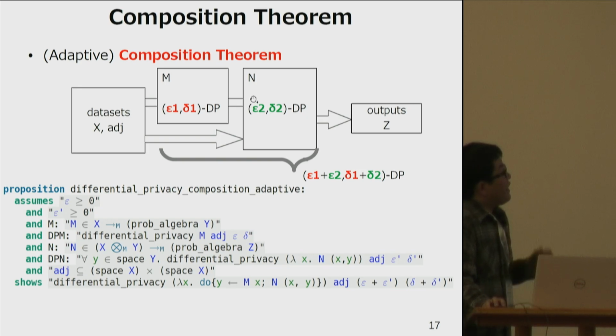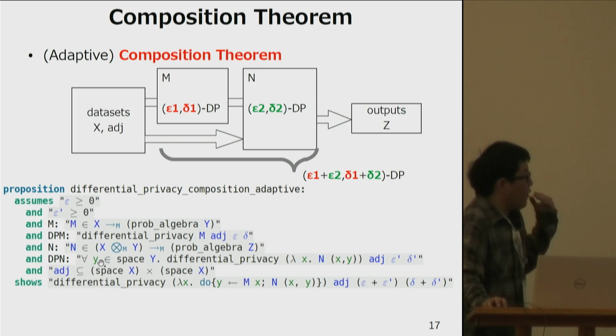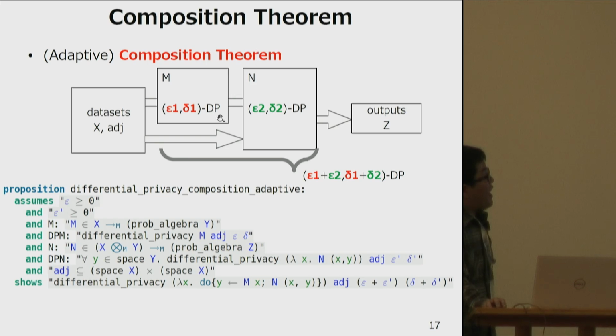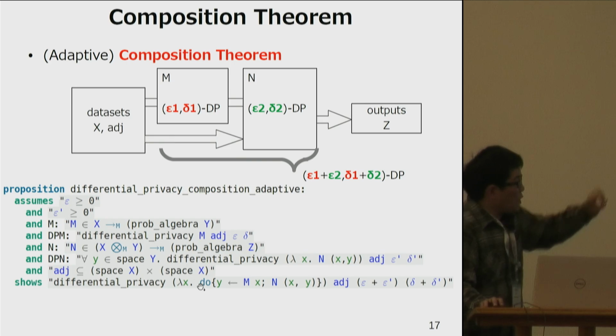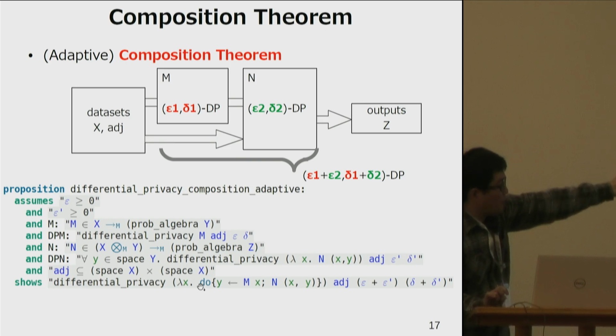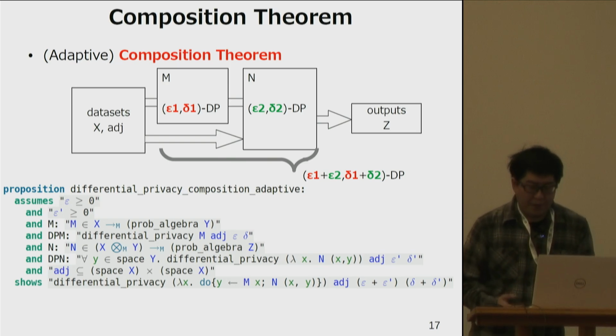However, N accepts the data set and also the output of M. So to describe this condition, we need to assume that for any y, which is an output of M, N is differentially private with respect to the parameter y. Similarly, we provide the Isabelle/HOL proposition, and we give the formal proof.